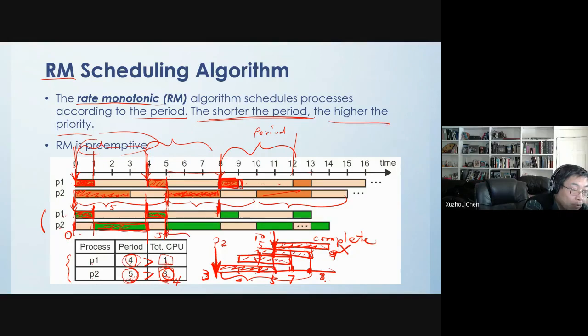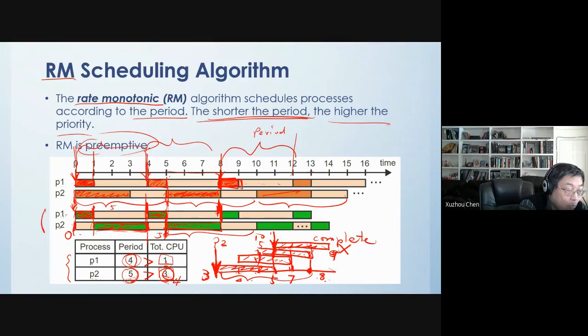So process 2 immediately gets the CPU, because process 1 just finished and its next period hasn't started yet. So process 1 is not available, only process 2 is available, and process 2 is going to start the process.